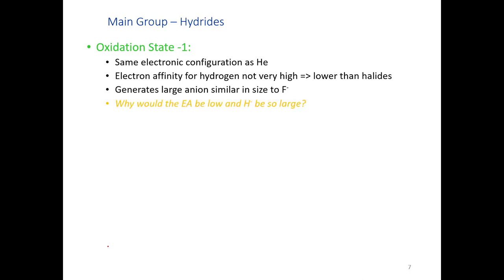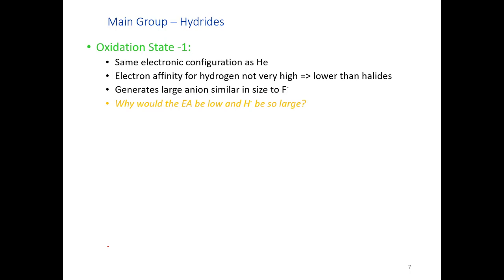Why would the electron affinity be so low, and why are hydrides so large? The reason the electron affinity is so low is because of the pairing energy in the 1s orbital. The reason hydride anions are so large is because of the repulsion in the s orbital and a low effective nuclear charge. One way to think of this is that the hydride anion has the largest ratio of electrons to protons of all anions.